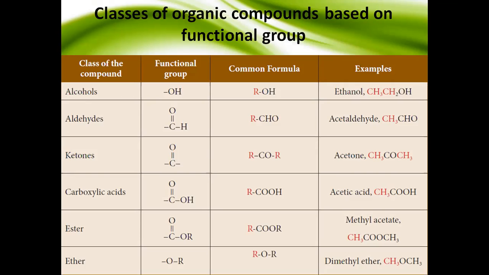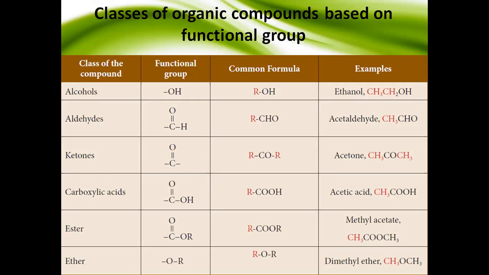Same for ketones: the functional group is CO. The example is CH3, CO, CH3. Leaving the functional group, the remaining part we name R. So R, CO, R is the ketone.